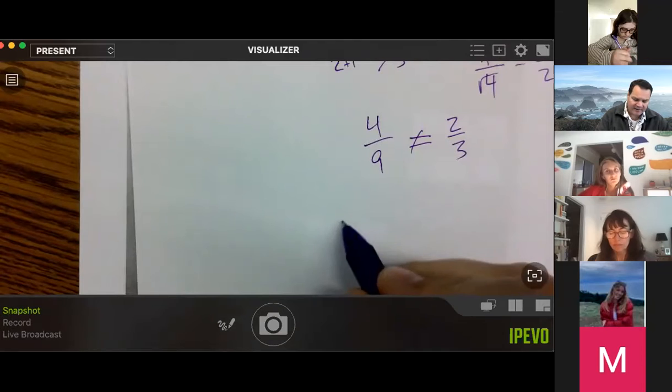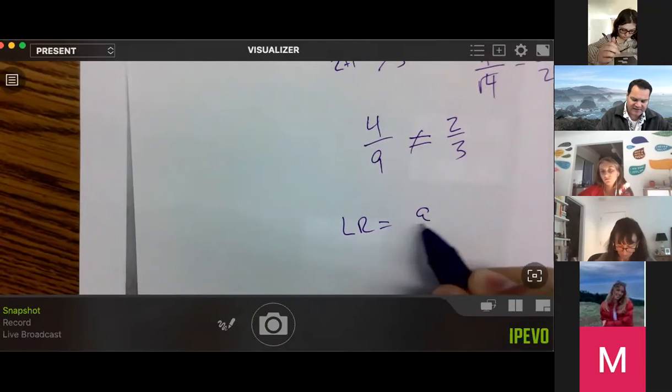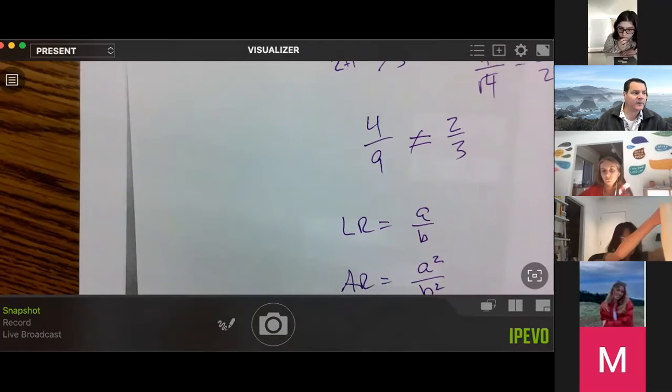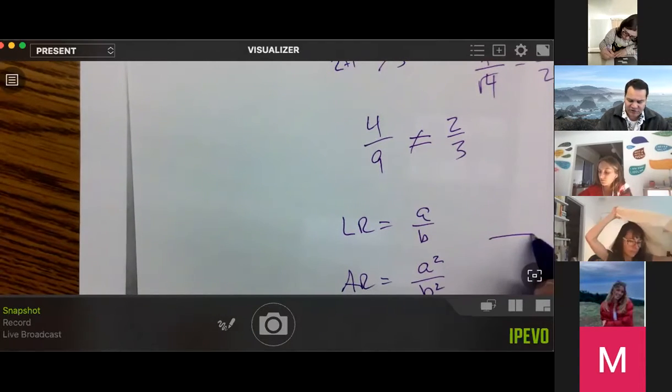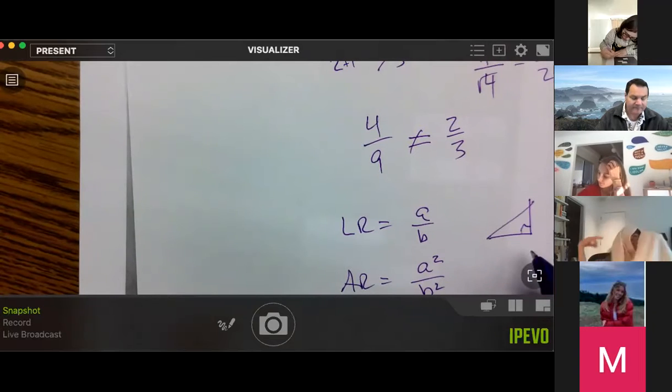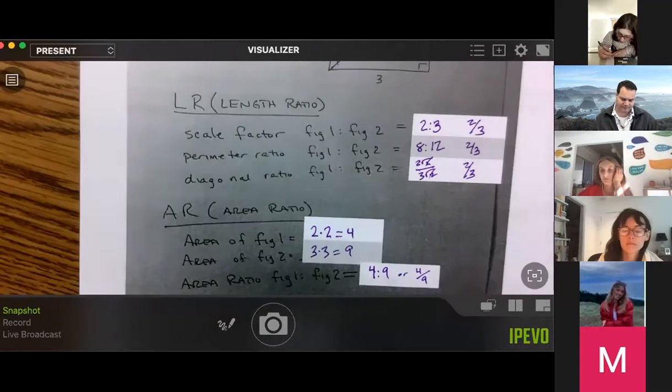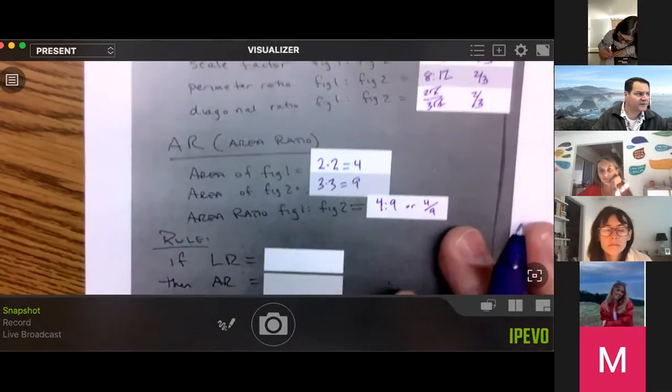It turns out that if the length ratio is A/B, the area ratio is A²/B². Every single time, because when you're multiplying 2 lengths to find an area, you're going to have that A multiplied twice. So this is what goes in the bottom here.